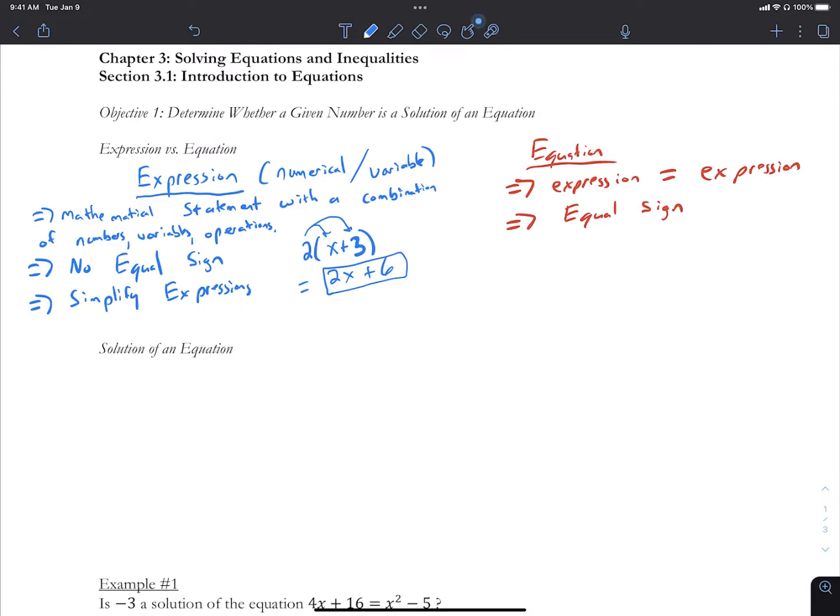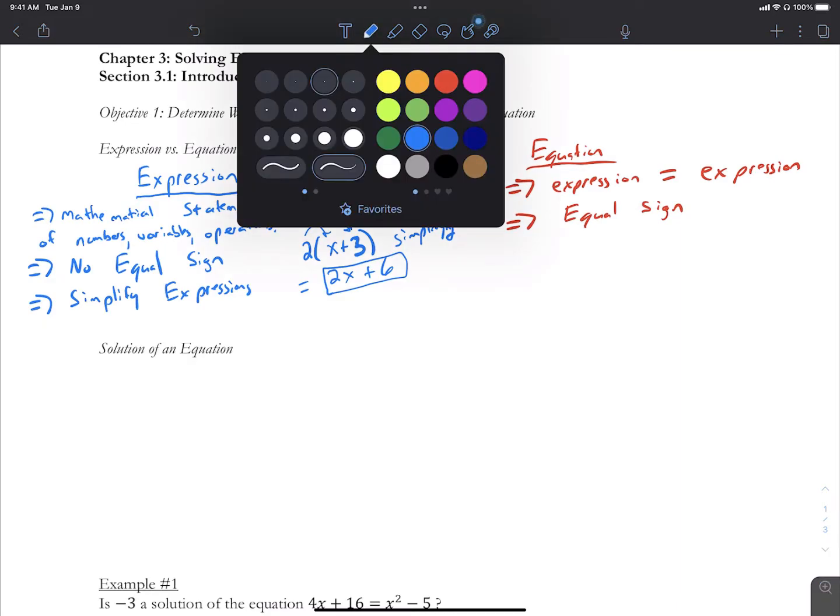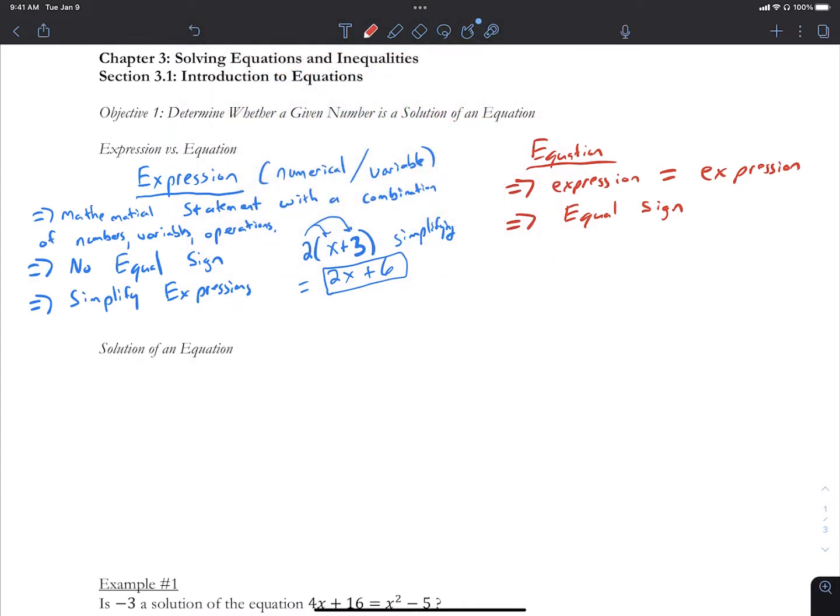So this process is simplifying. We're just trying to write this in a simpler way. Where with an equation, we actually solve. So we simplify expressions, but we solve equations.